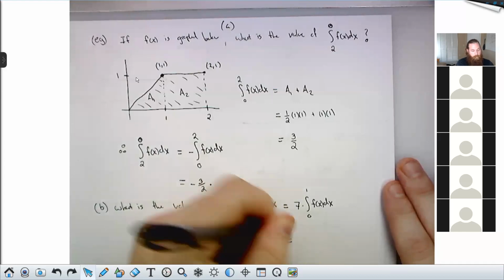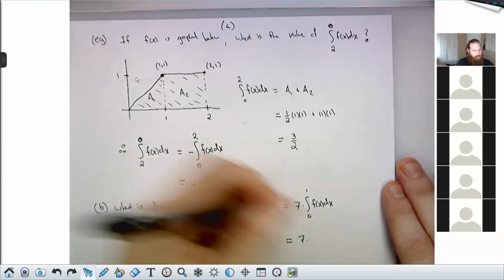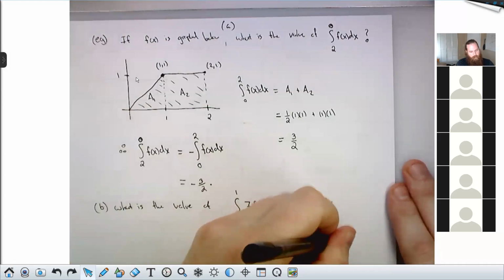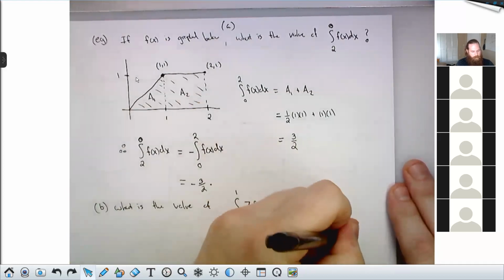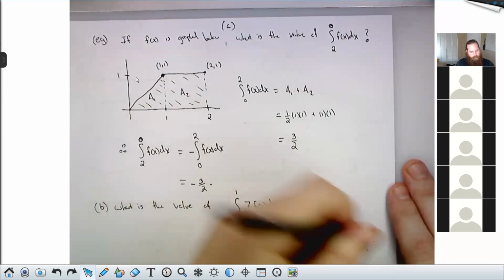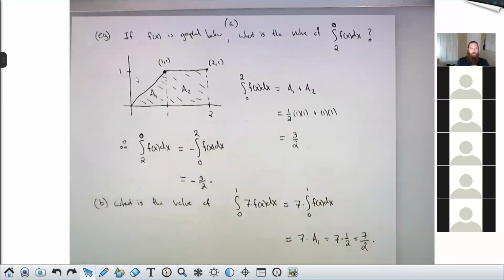One half. Good. This is 7 times this first area, A1. And that first area, A1, we calculated earlier as 1/2. So this is 7 times 1/2, or 7/2. Any questions on these two?